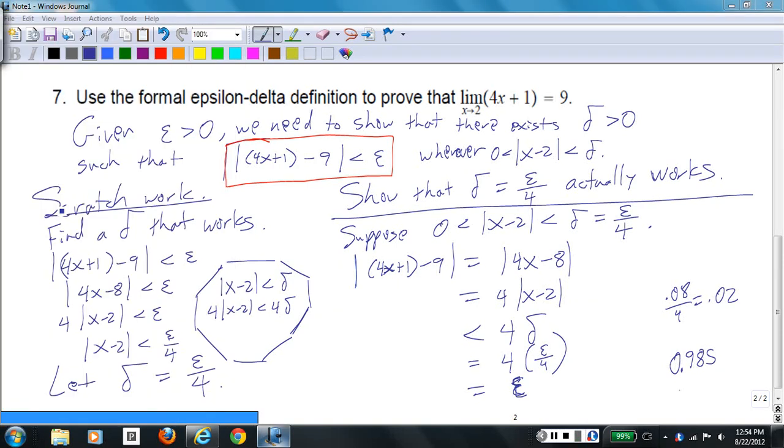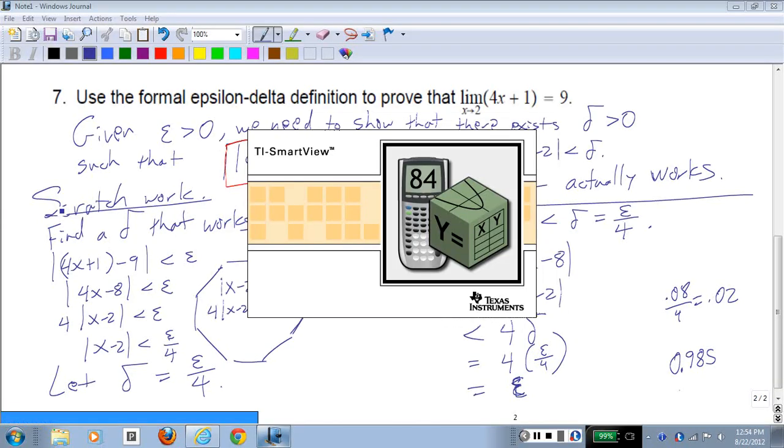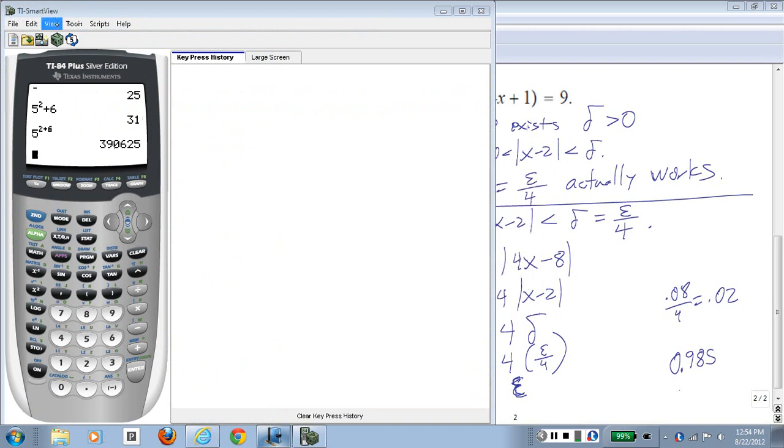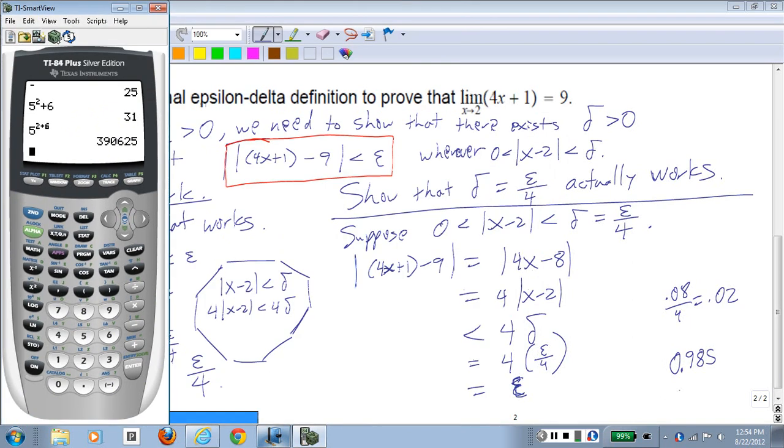I know I shouldn't require the use of a calculator to do this, but it's paid for. What if I say 4 times 1.985 plus 1? Is that going to be within 0.08 units of 9?